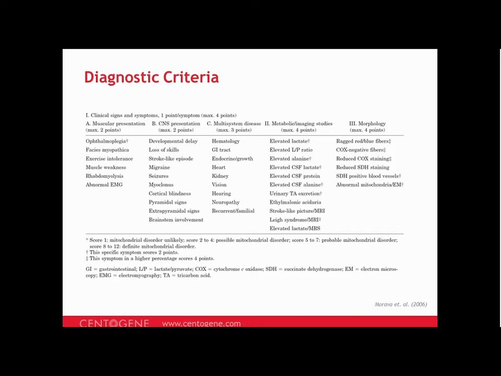A score between 2 and 4 means it's possible. Between 5 and 7, it's probable. And between 8 and 12, it's a definitive mitochondrial disorder. This approach is quite handy, and I would suggest using it in daily clinical practice.